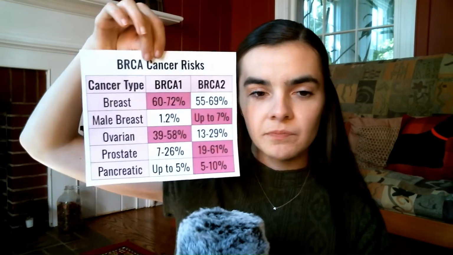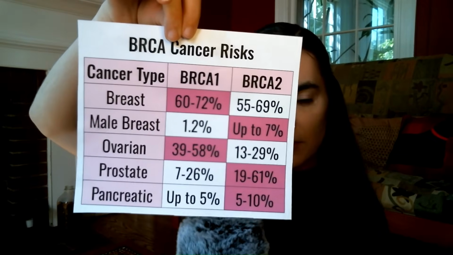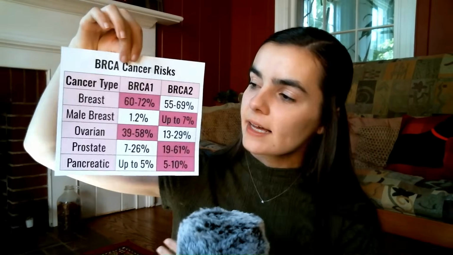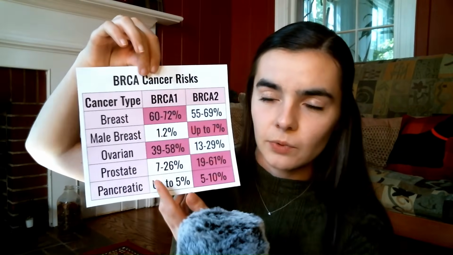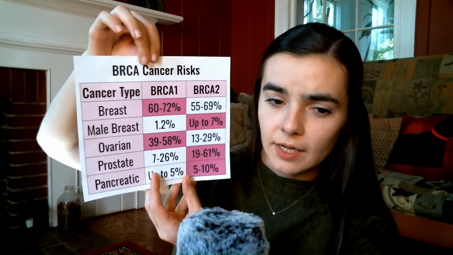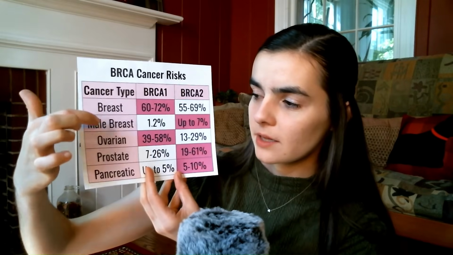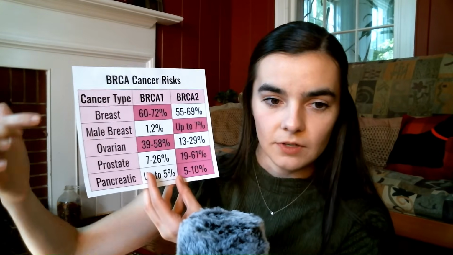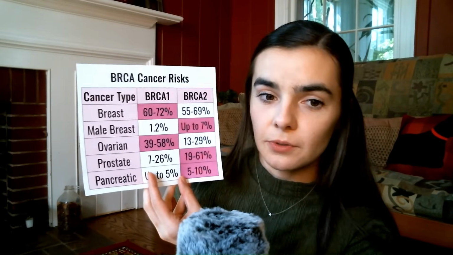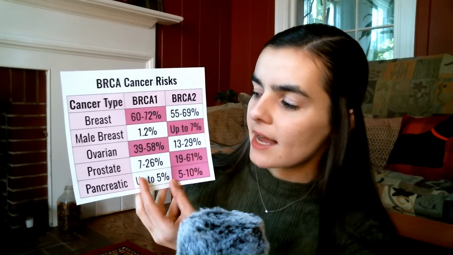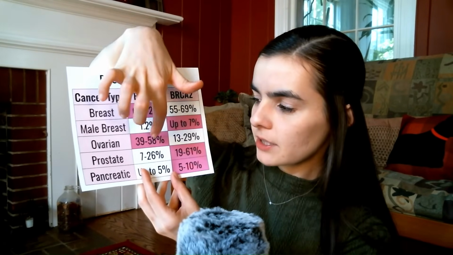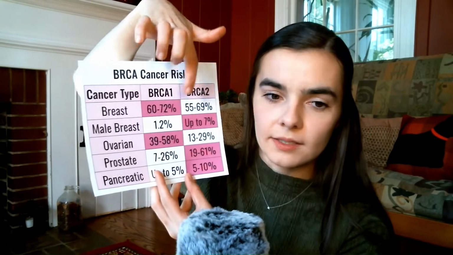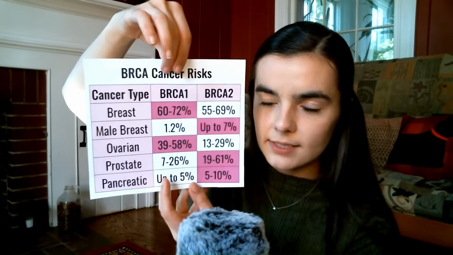That's the syndrome when you have one of these mutations, and they are associated with pretty much the same 5 types of cancer, but they do have slightly different risks, and I highlighted the ones that have the higher risks.